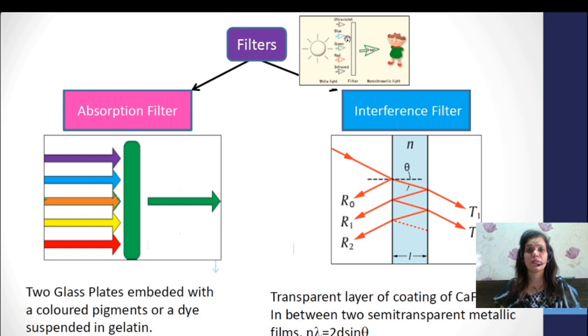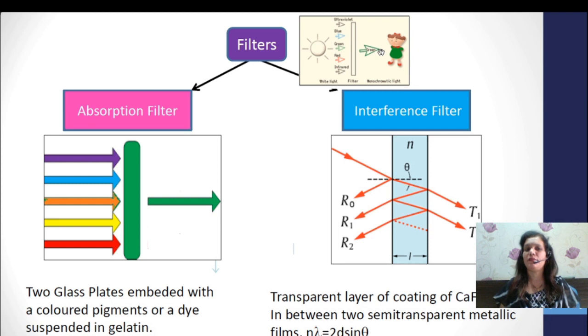Now, what does a filter do? It filters out all other wavelengths, and the person is interested in this particular light. So my objective is to use a component in such a way that I get only one wavelength from this. It filters or absorbs all other wavelengths, and allows a single wavelength to pass through it.